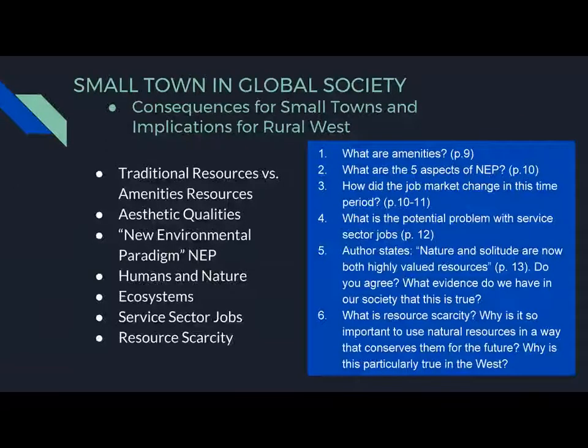So one shift that you also start to see in this time period, and again, we're talking about modern society, is that the traditional resources, and if you remember, those were things like timber and fisheries and mining and wealth that we get from pulling it out of the earth. You start to see a shift here to what they call amenities resources. And one of your questions here is, what are amenities? And so he talks about that a little bit.